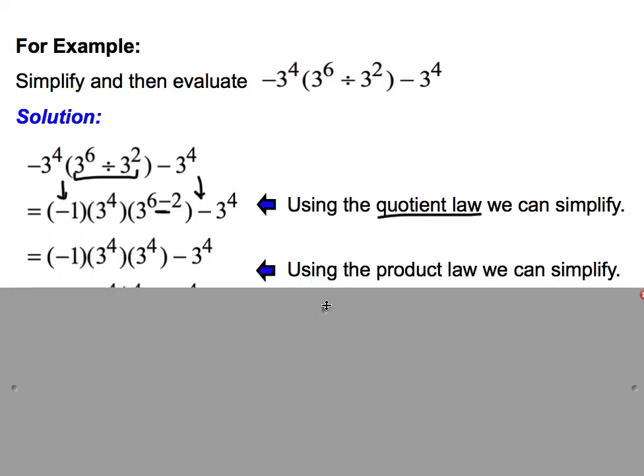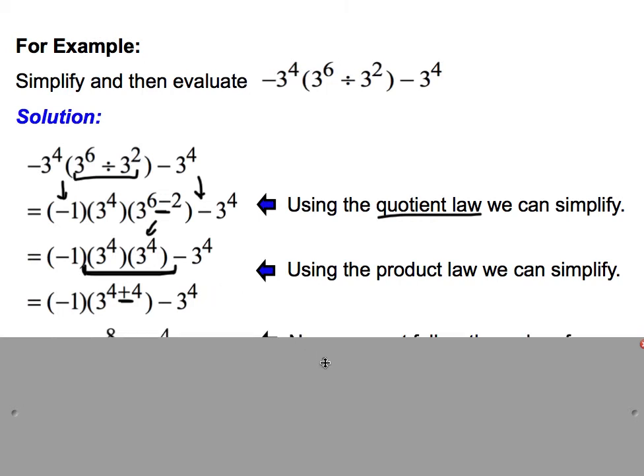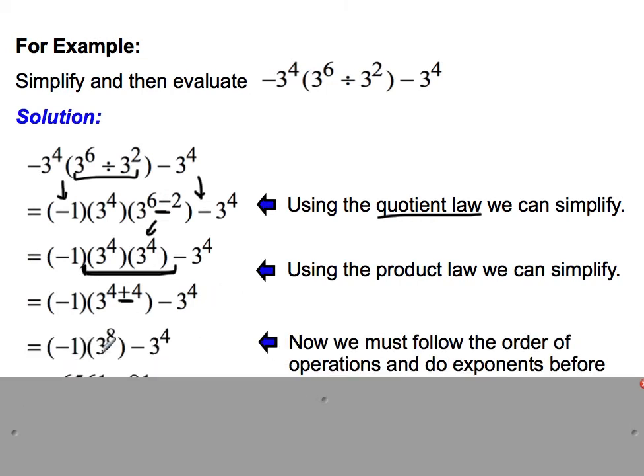Okay? Now see how we're multiplying powers with the same base right here? Sorry, the way I get 3 to the power of 4 here is 6 minus 2. Okay, so that's that. Now I'm multiplying powers with the same base, so I add exponents. I get 3 to the power of 8 now.